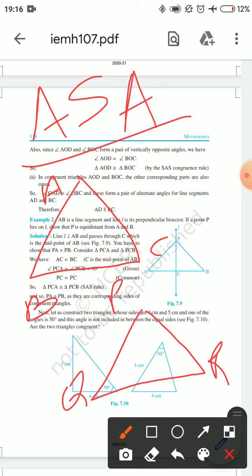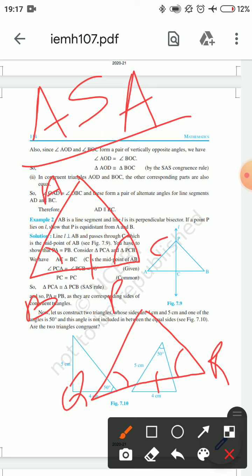For these two triangles to be congruent, angle B must be equal to angle Q, side BC should be equal to side QR, and angle C should be equal to angle R, right? So in the ASA criteria, two angles of a triangle and the included side between them must be equal to the two angles and the included side of another triangle. Then only you can say that two triangles ABC and PQR are congruent.